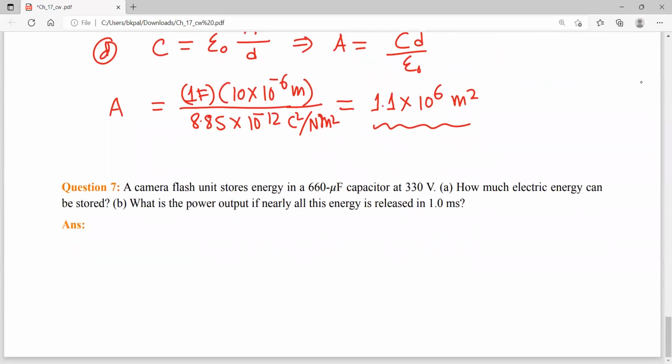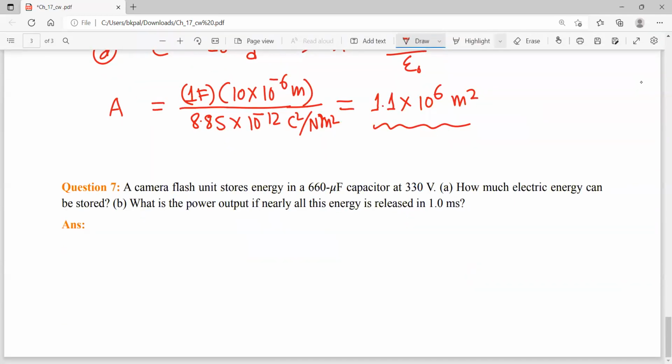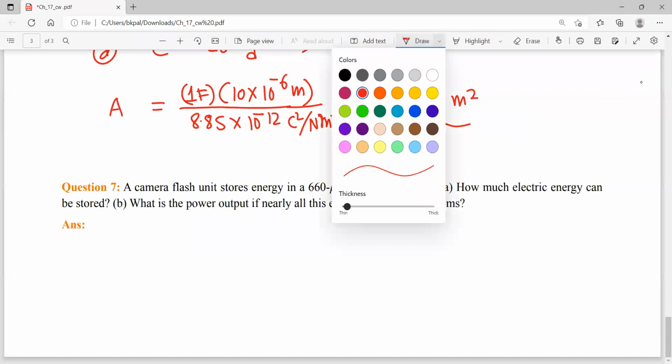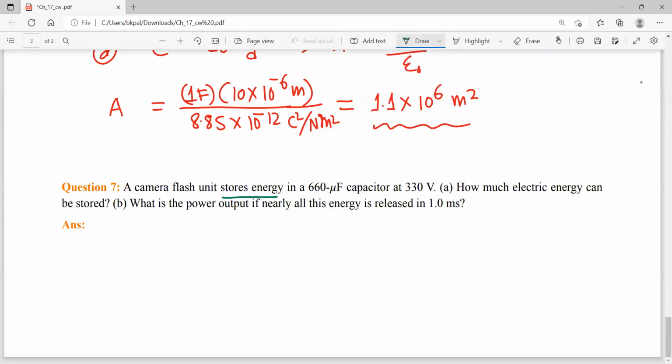All right, the last question is again about a capacitor, but here it is about the stored energy. It says a camera flash unit stores energy, and this is the capacitance and this is the volt.